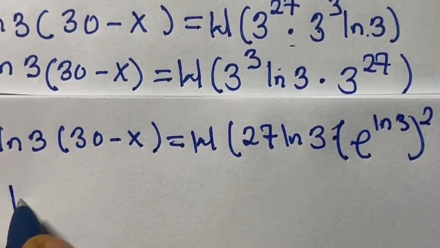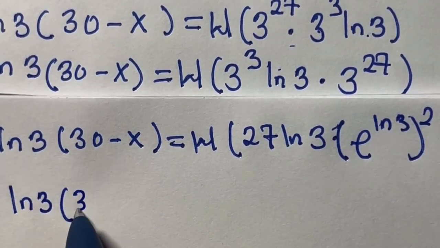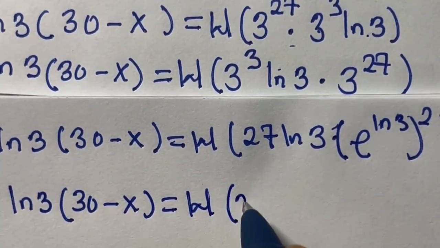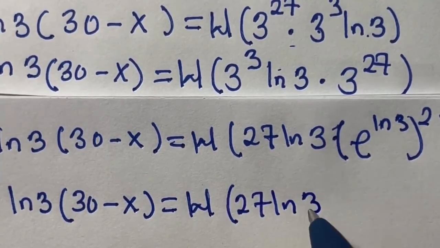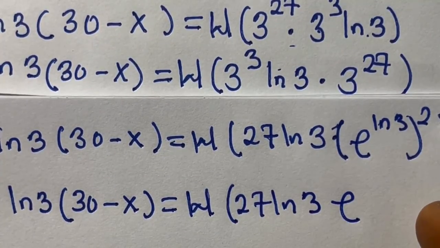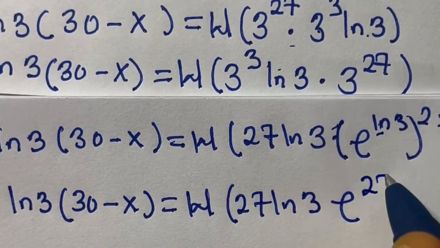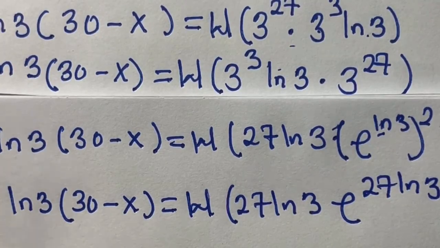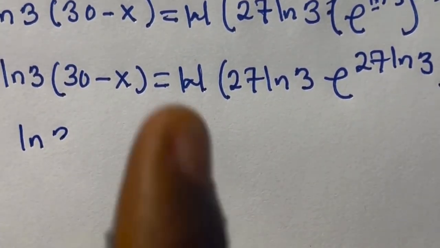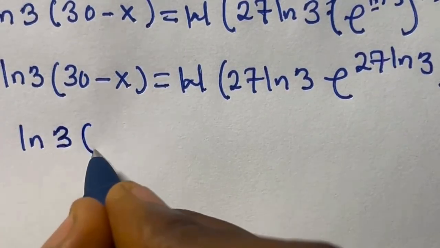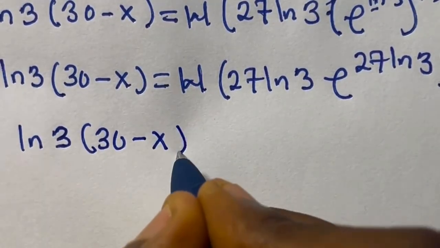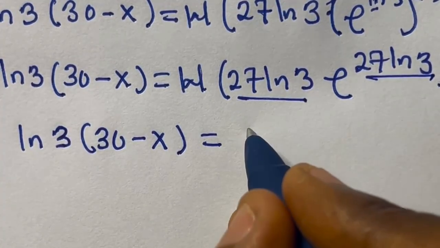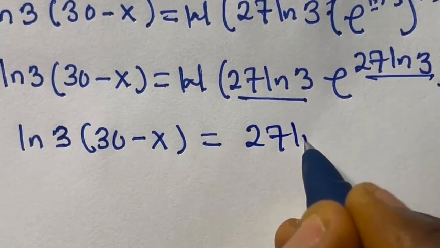So therefore we have ln 3 multiplied by 30 minus x equals the Lambert function of 27 ln 3 exponential 27 ln 3. This will become ln 3 multiplied by 30 minus x equals, you see this base and this power are the same, so therefore we have 27 ln 3.